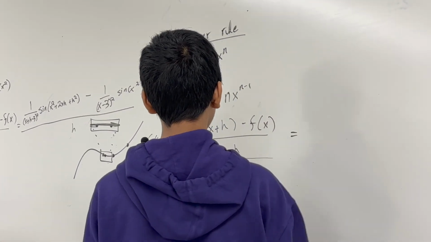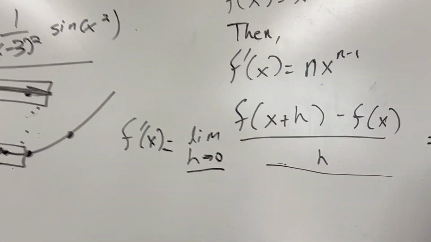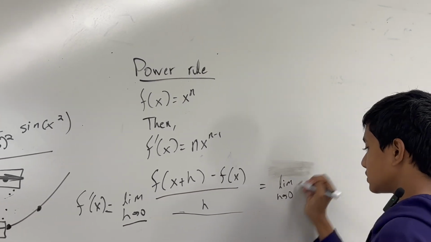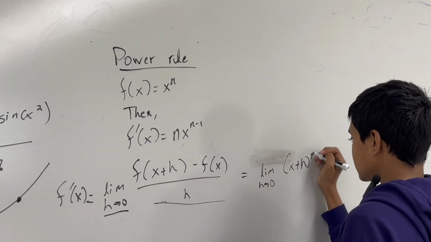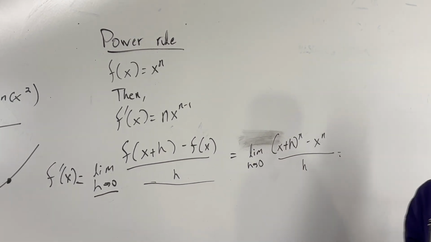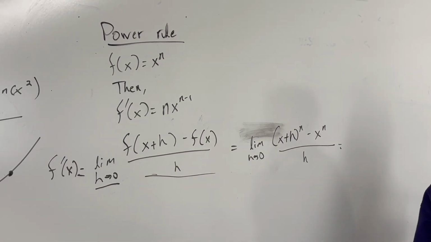So what's f of x plus h? In this case, it's x plus h to the n. Oh, I gotta add the limit. And then what's f of x? It's just x to the n, divided by h. Now, by the binomial theorem, what's the expansion of x plus h to the n?